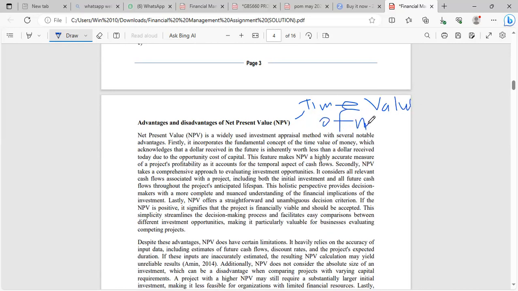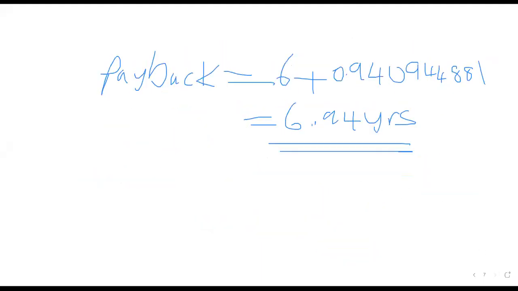Of course, what next? It also looks at original cash flows as they come, and it is also easy to calculate. It's not that difficult to calculate.